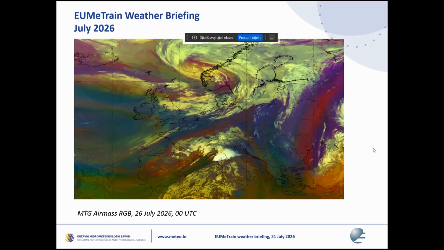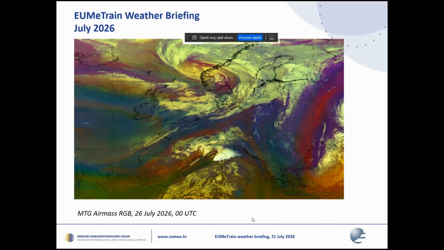So we will start by looking at this air mass RGB first to see the synoptic situation. We were talking about last Sunday, the 26th of July. On this air mass RGB, we can easily recognize some synoptic patterns in the upper level atmosphere.